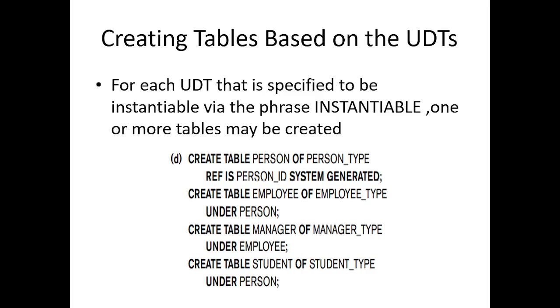And now creating the tables based on the UDTs. So for each UDT that is specified to be instantiable, and we can specify them via the phrase instantiable, one or more tables may be created.